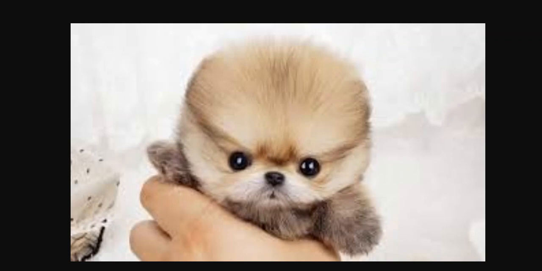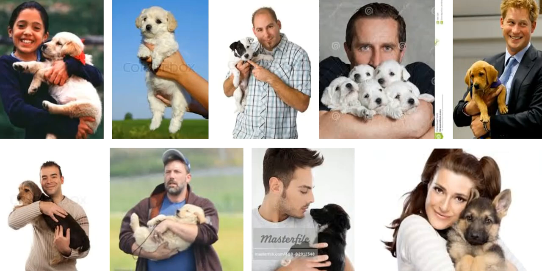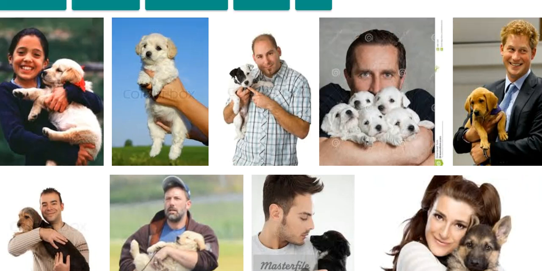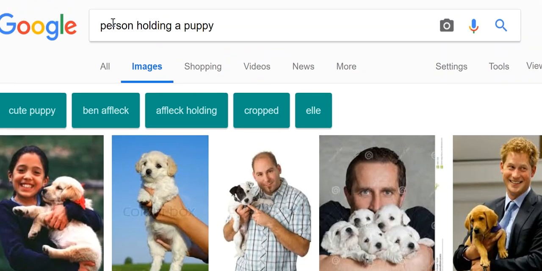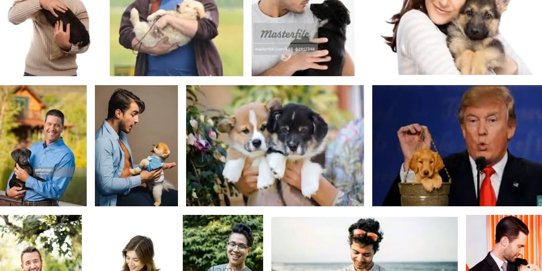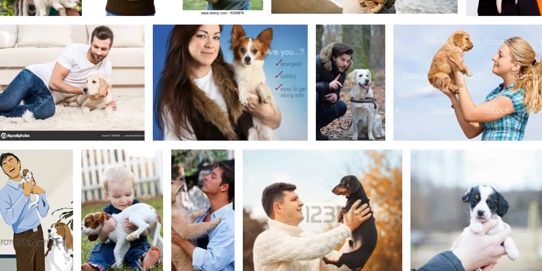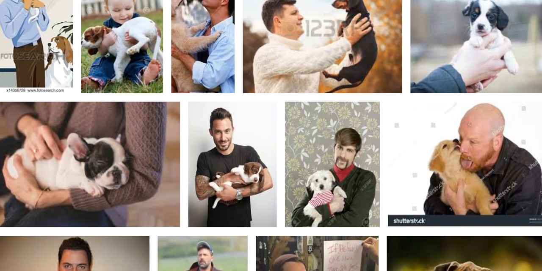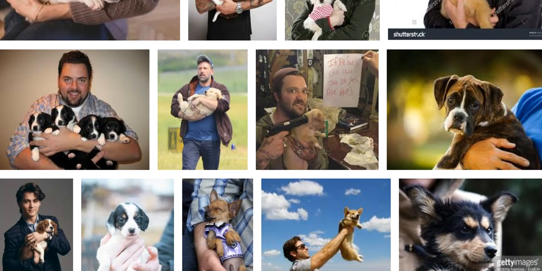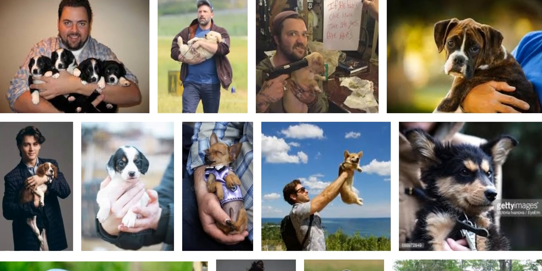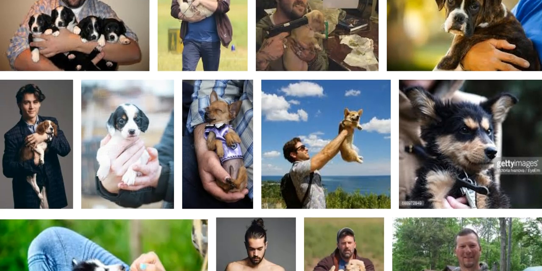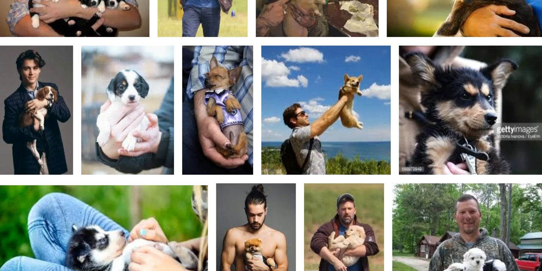Now let's look at this image. If we select images from here, and here is where I Googled in person holding a puppy. If I select one of these images, I am more likely to show the reader that I am talking about happy people who have, this is a nice one, people who have adopted puppies.